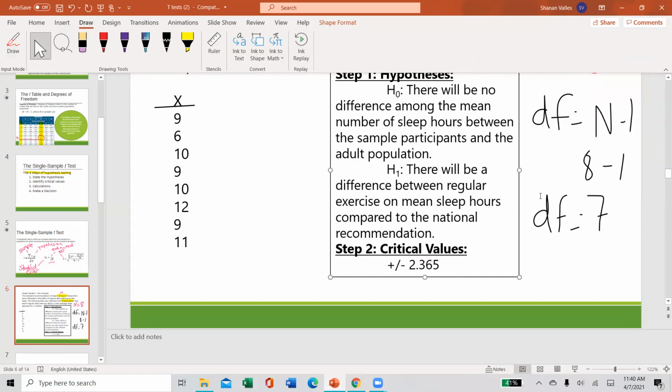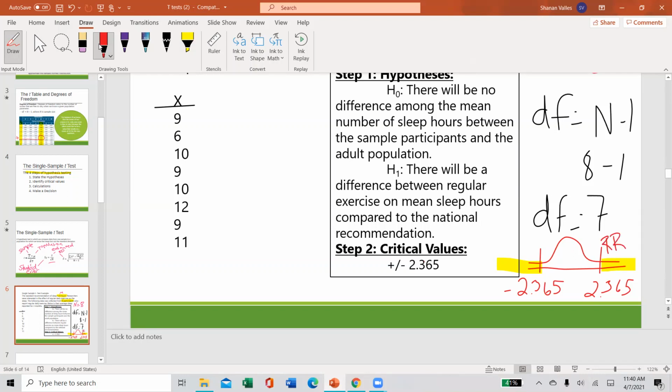And so if you remember, in our discussion last week, we use our critical values to determine our rejection region. Remember, any t-value that we calculate, if it exceeds the critical value, either this way or that way, then you reject the null hypothesis.